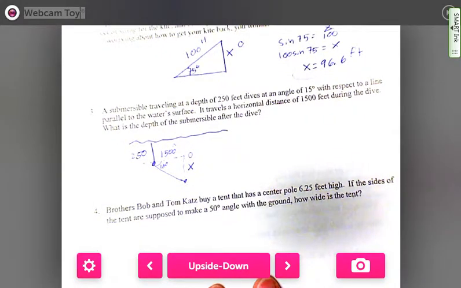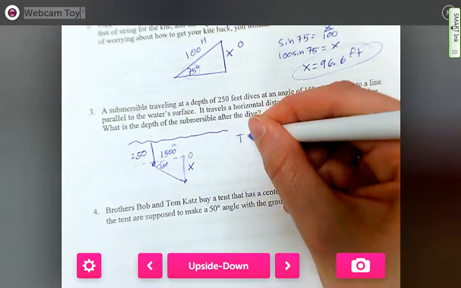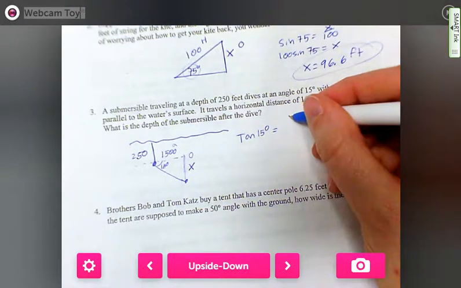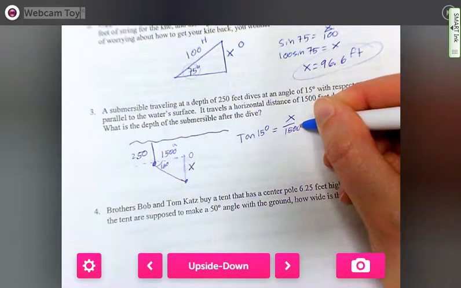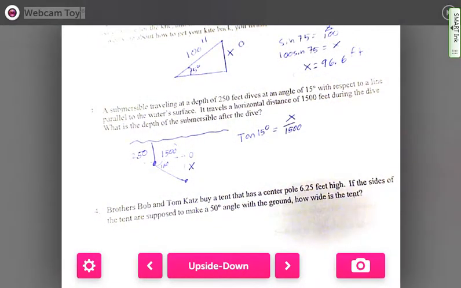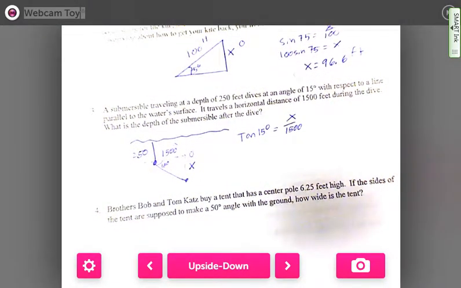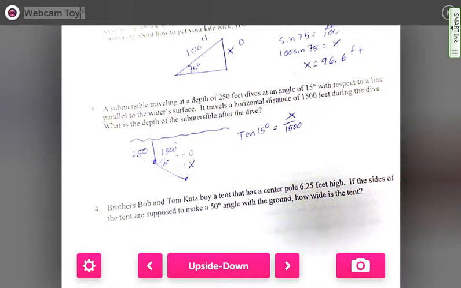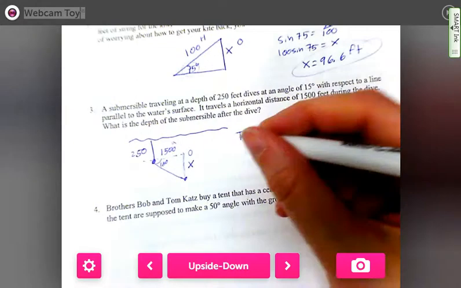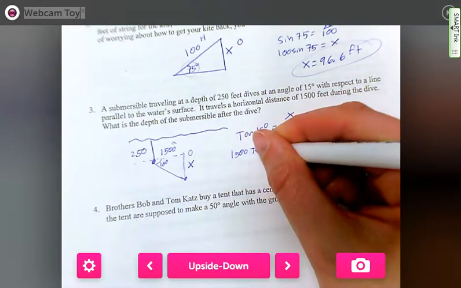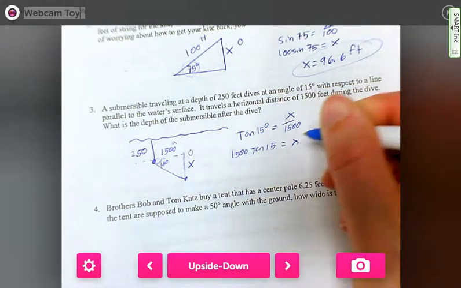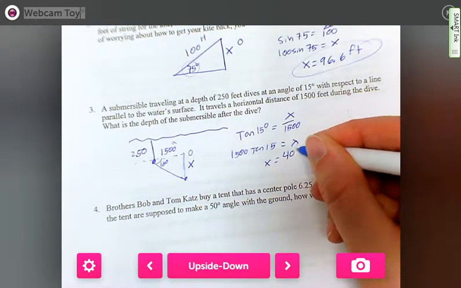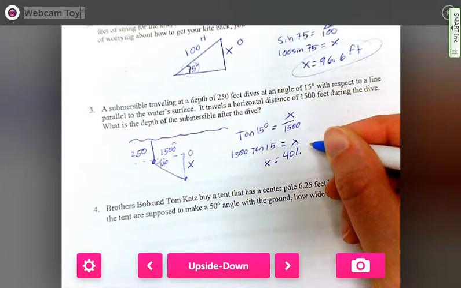Okay? So I'm going to use tan of 15 degrees equals opposite over adjacent. And then I'm going to put that in my calculator. 1,500 tan 15 equals x. So x equals 401.9. Is that what we got?